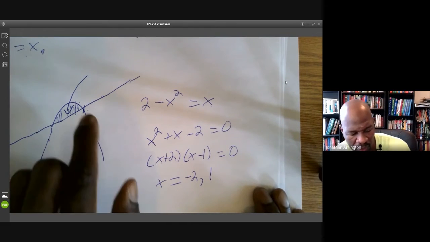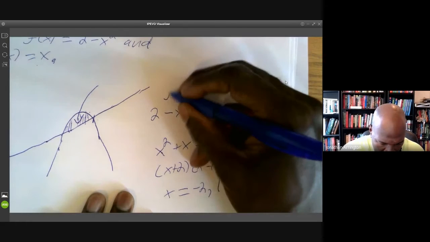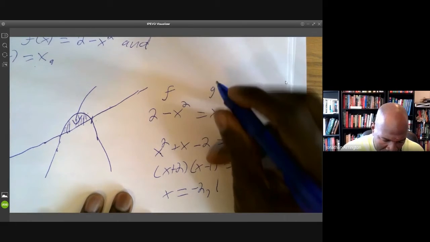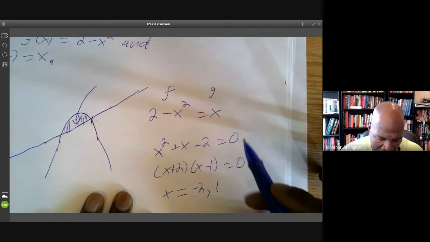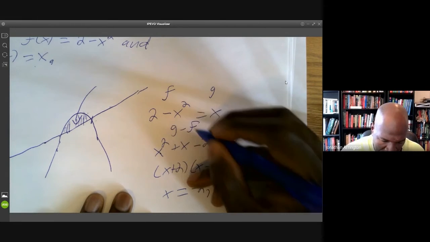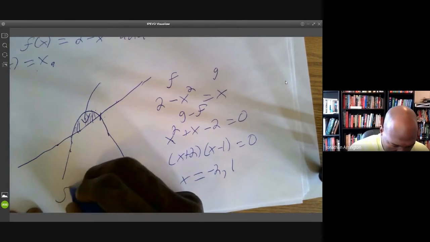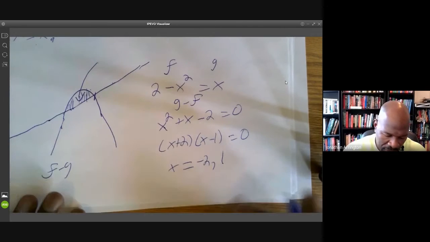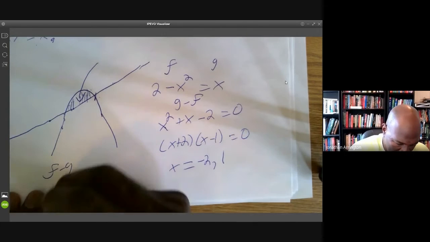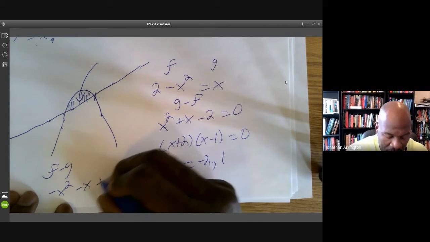And again, we're going to integrate f minus g. And again, this is f and this is g. So the way we did this setup, we moved f over here. So this is g minus f here. And so that means f minus g is just going to be the opposite signs of this. So it's going to be negative x squared minus x plus 2.